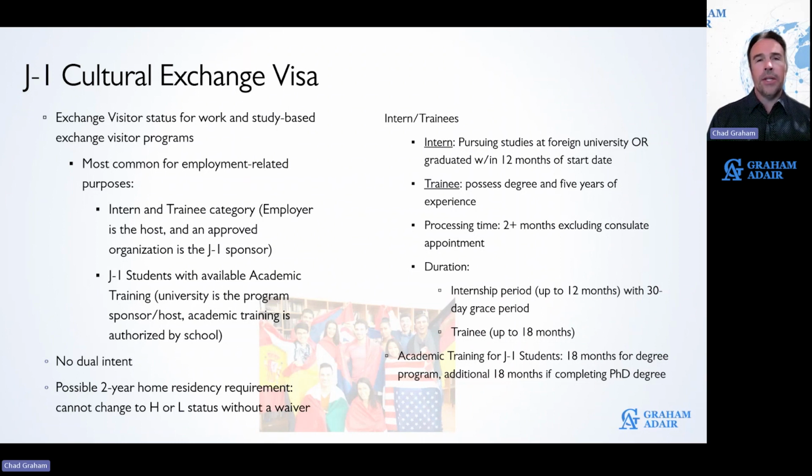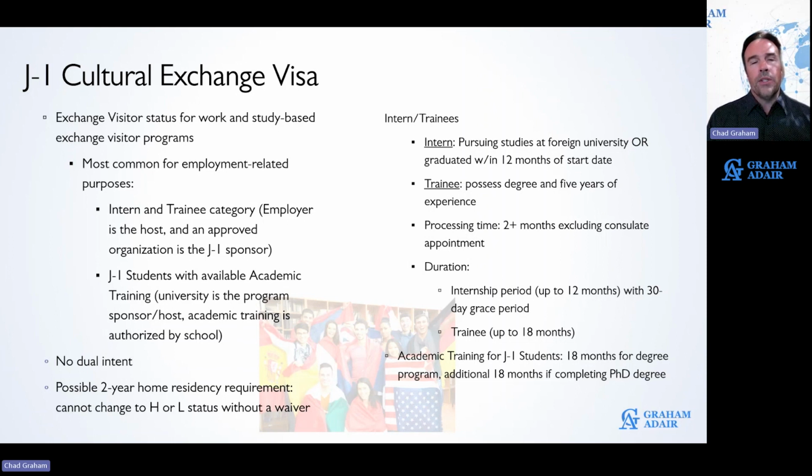The idea is they come to the United States to learn their trade, to work and get some on-the-job training, and then go back to their home country with that new skill set. Trainees are people that have a degree, at least a bachelor's degree, and 5 years of experience, and they come into the United States for some additional training.